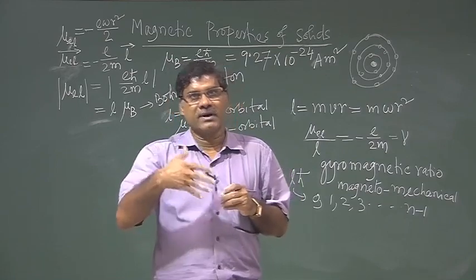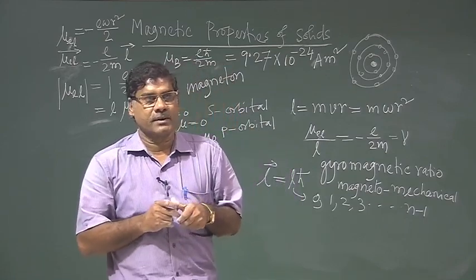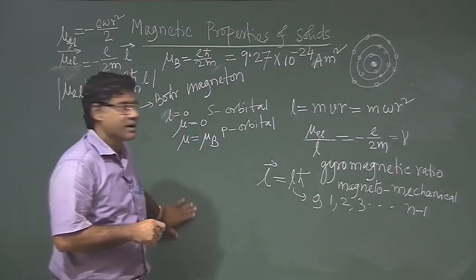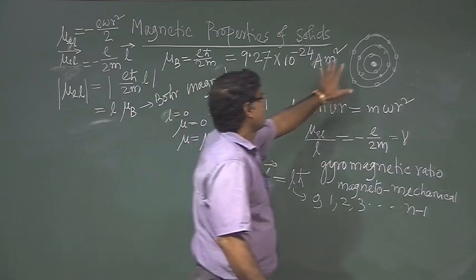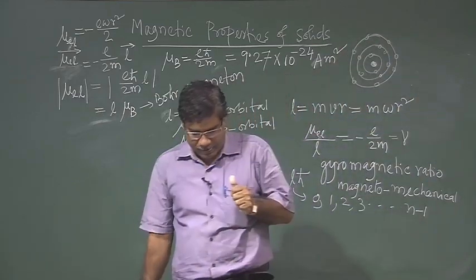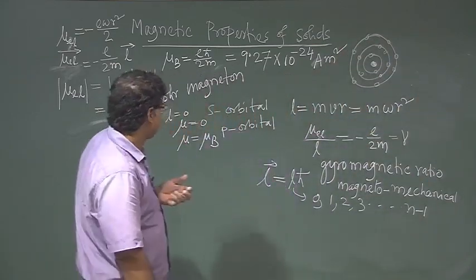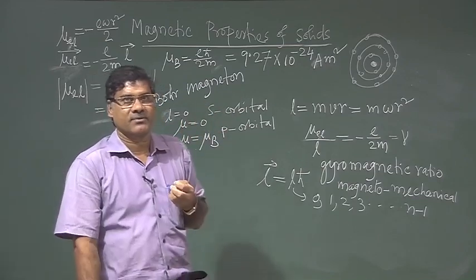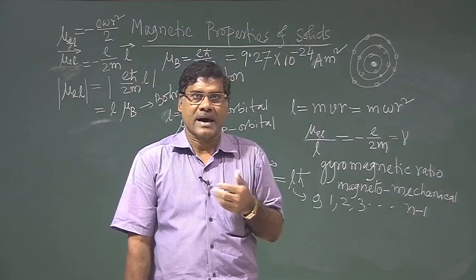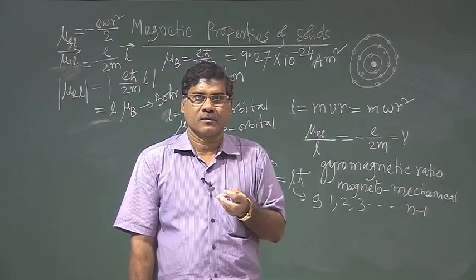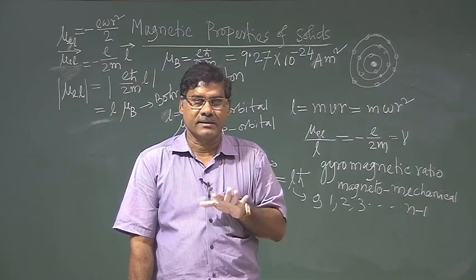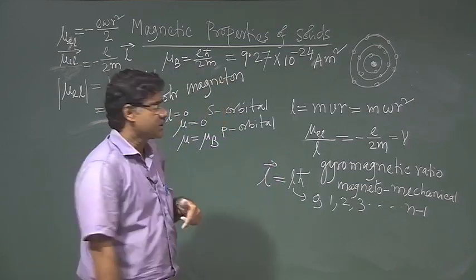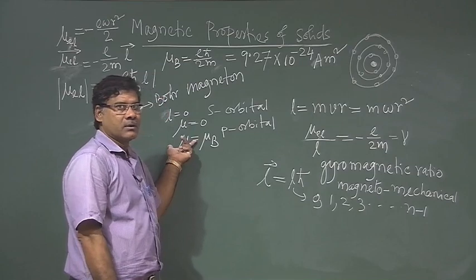So it will give different magnetic moments in terms of mu B. So we can find out. Then this is one source of magnetic moment in magnetic material, which is coming from the orbital motion of electrons.